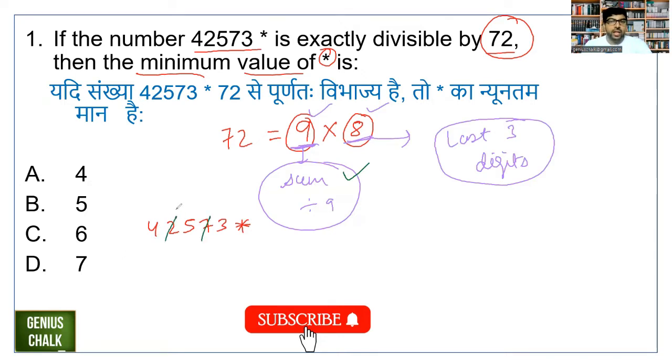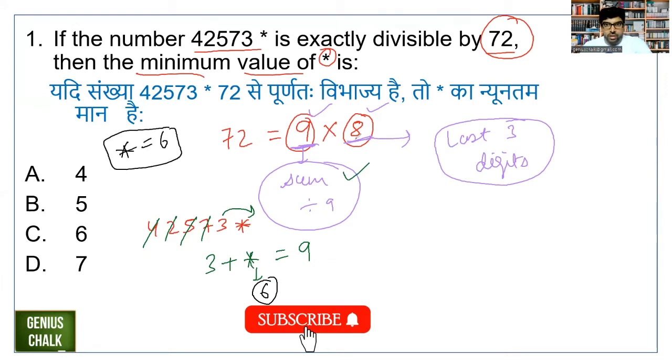Wherever I get a multiple of 9, I'll cancel that. Then 5 plus 4, 9, cancel. Now 3 is left. So what can I add with 3 so that it is divisible by 9? Of course, I can add only a single digit here. That means it can only be 6. So the value of star can be 6.